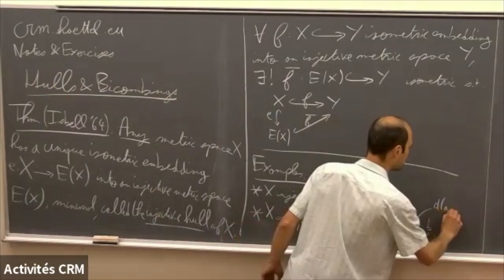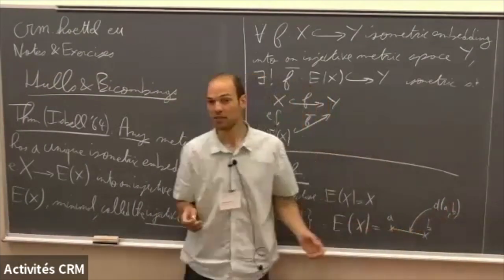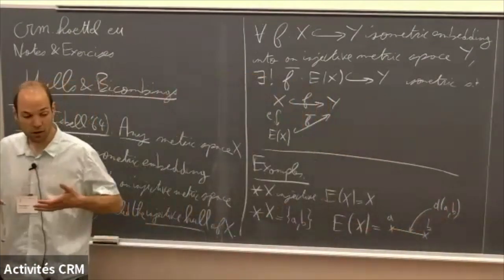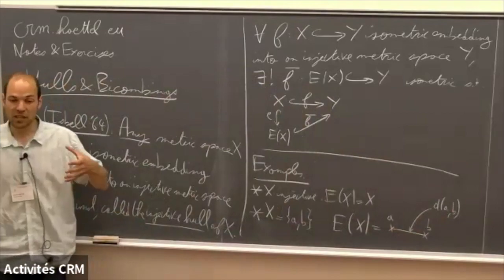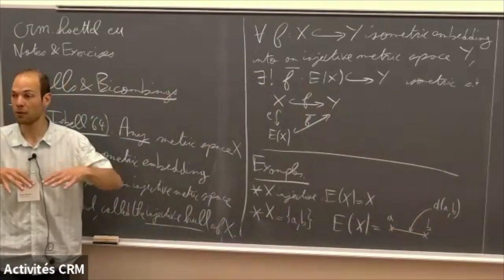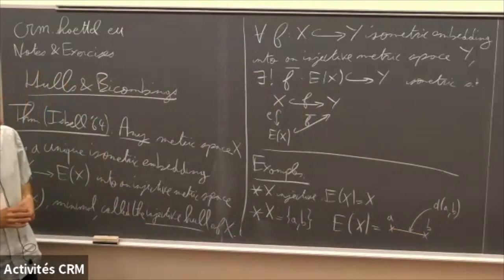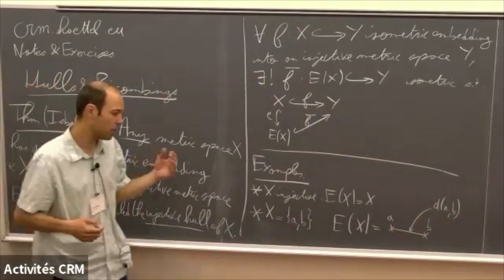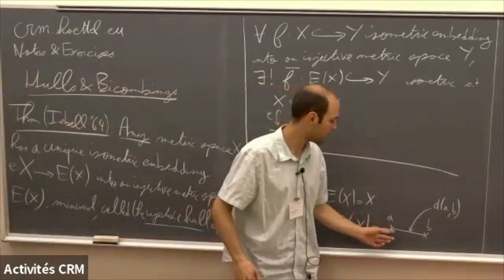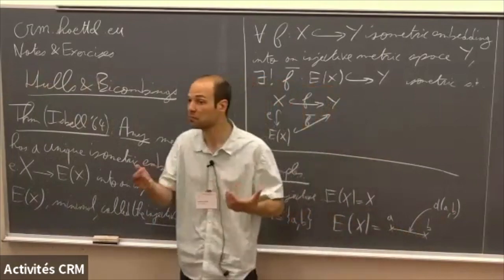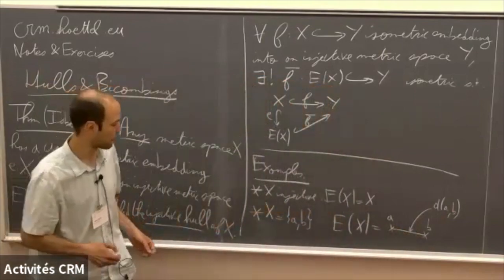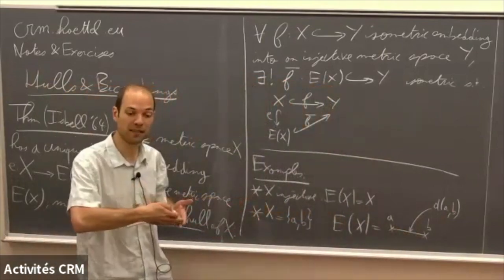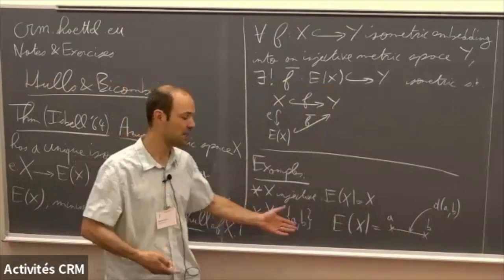The distance between A and B. For a simple reason: the injective hull is the most efficient way to fill in the holes of any metric space. It gives you another point of view on the fact that injective metric spaces are geodesic. It makes any metric space embed canonically in a geodesic metric space this way.